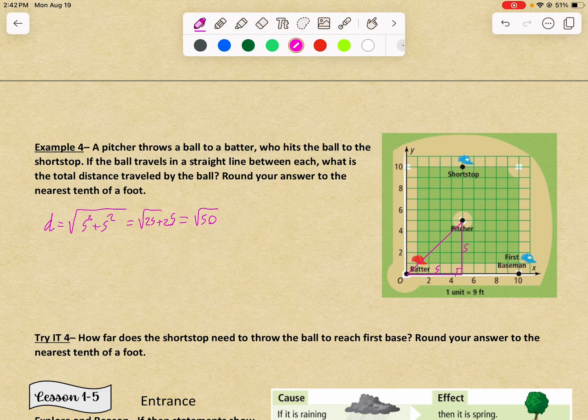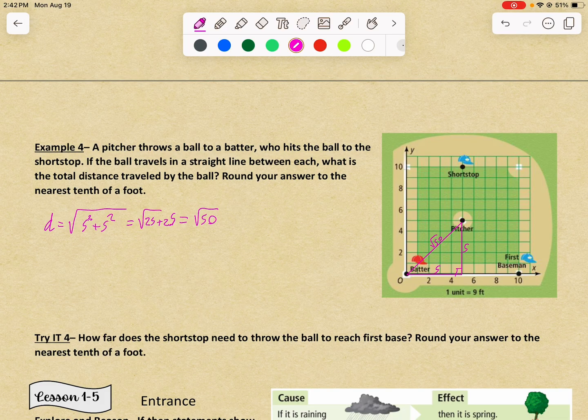All right, I'm going to put that right there, square root of 50. Now I can plug that into a calculator and get an approximate decimal value. I believe it's going to be roughly 7 something, or 8. I think about 7. But that's the distance there.